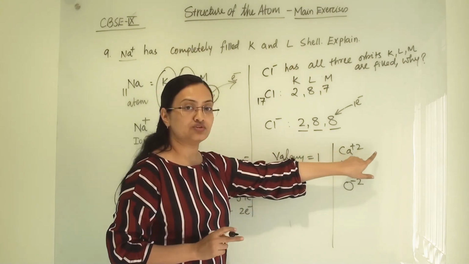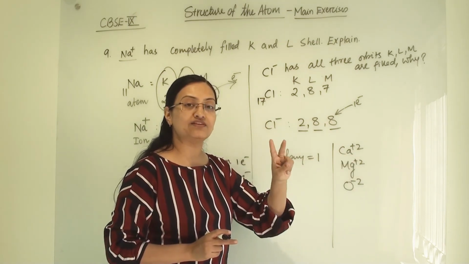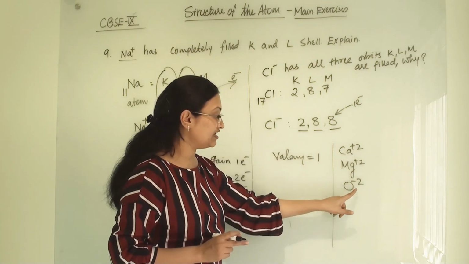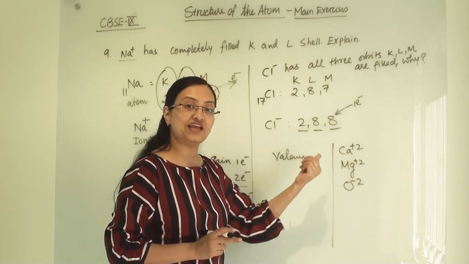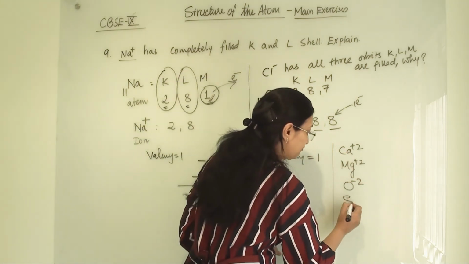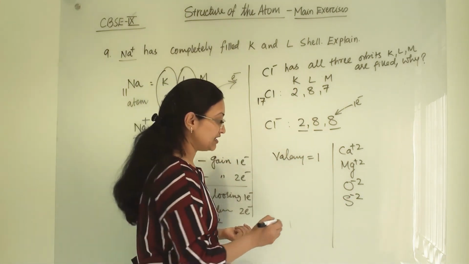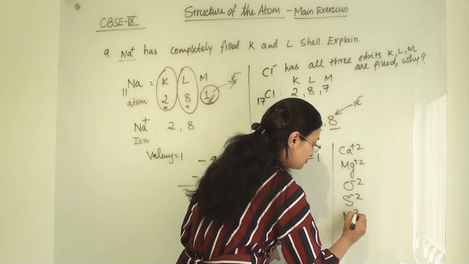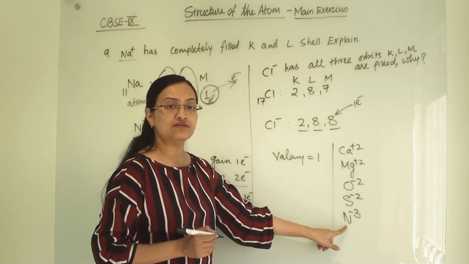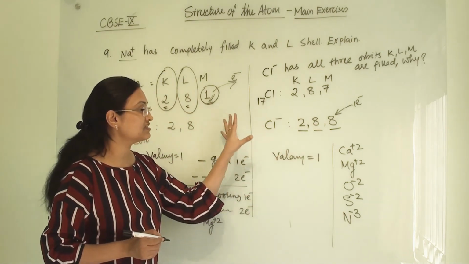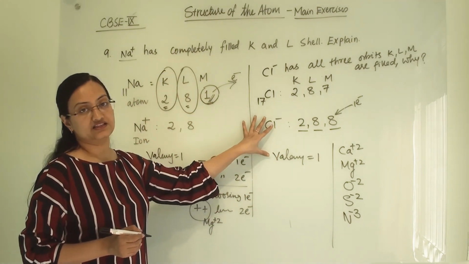If it is plus 2, then it is definitely losing 2 electrons from the outermost shell. If it is minus 2, then it is gaining 2 electrons. Similarly for sulfur, S2-, it is gaining 2 electrons. Then nitrogen, N3-, means it is gaining 3 electrons. So like this you can answer for all the ions with the help of these 2 examples.